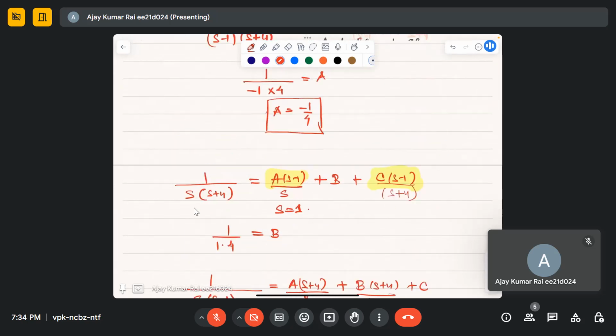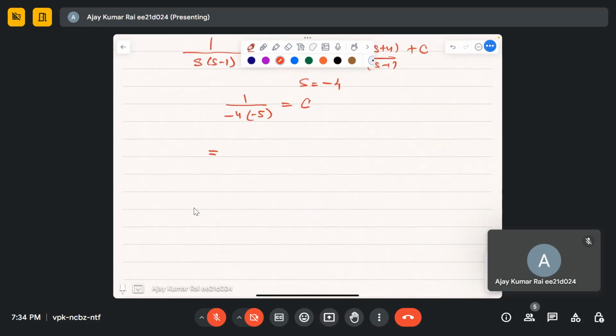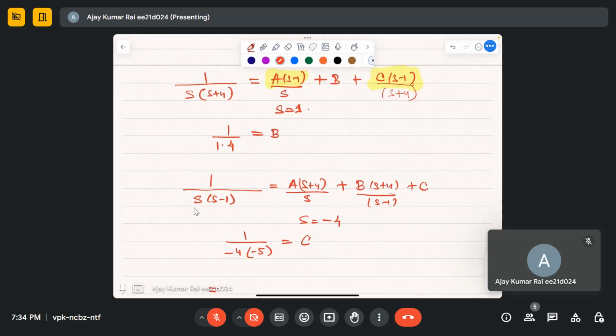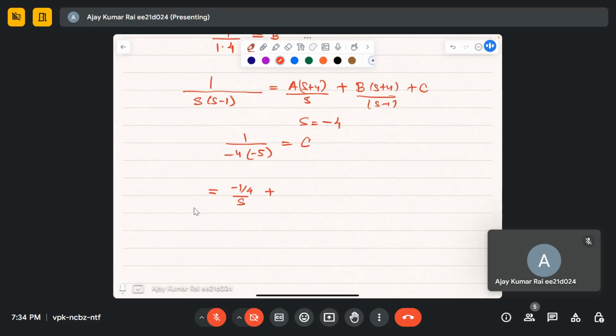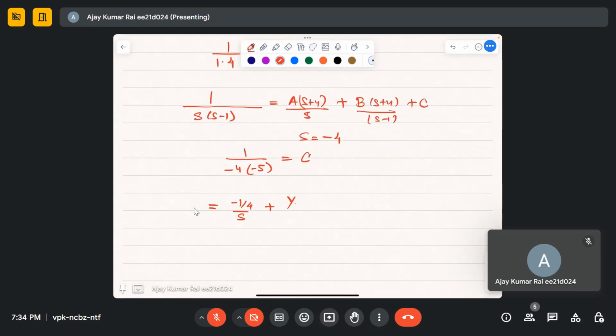So writing equation 1 as a is minus 1 by 4 by s plus b is 1 by 4 by s plus c is, so this is 20, right? 1 by 4 into 5. Sorry, this is minus 1 and this is s plus 4.